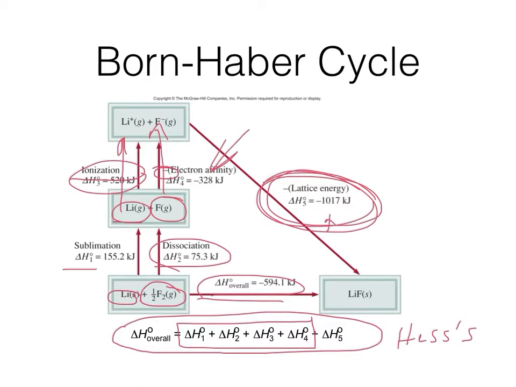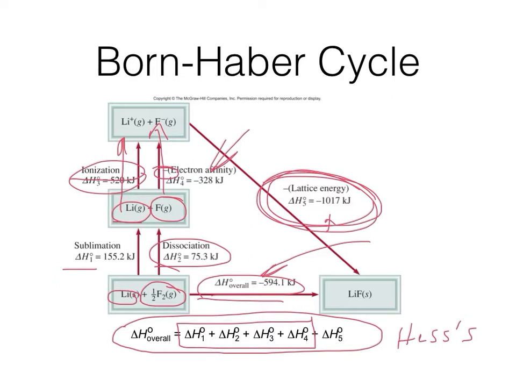That's a huge amount of energy you get back from the formation of the ionic bond. And hence, the overall delta H for the reaction is hugely exothermic. Lithium fluoride, very, very stable compound. Small ion, lots of lattice energy. Okay?